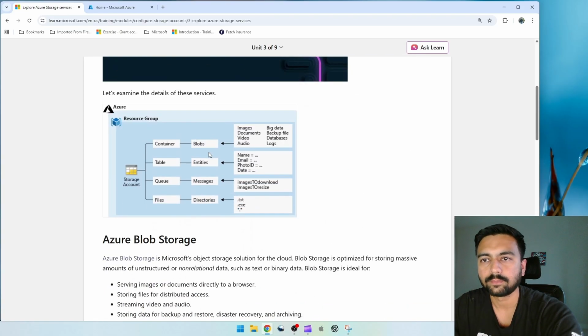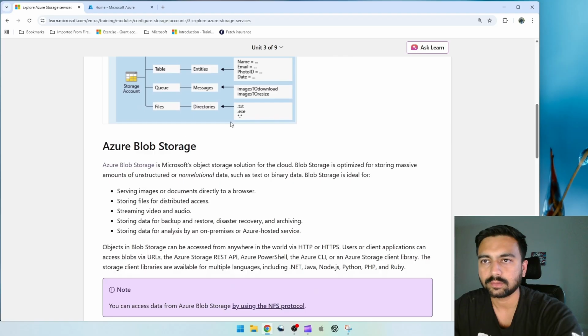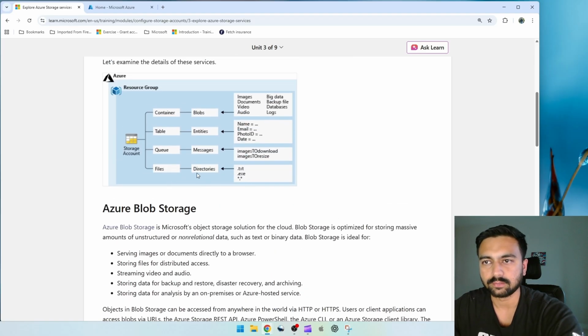Okay, moving forward. Azure Queue. So we covered containers and blobs. Files is basically directories, so .txt, .exe, that type of file is stored using directories.